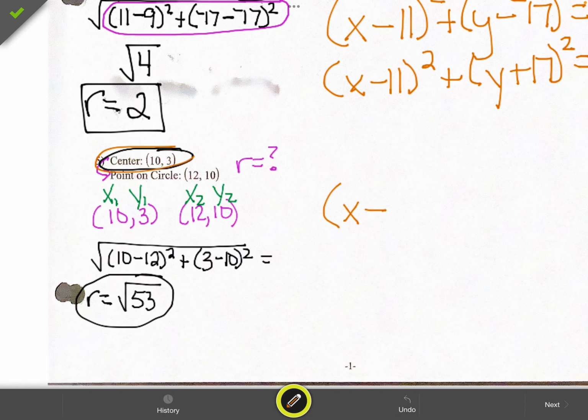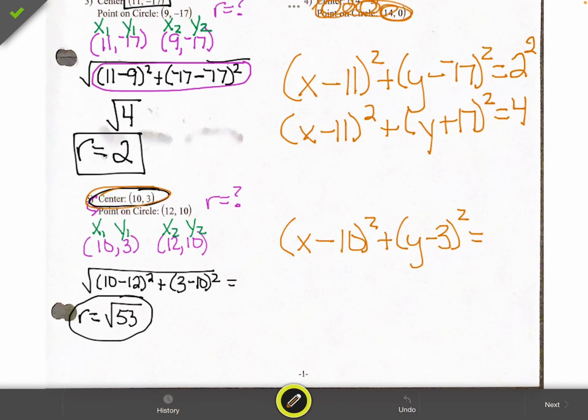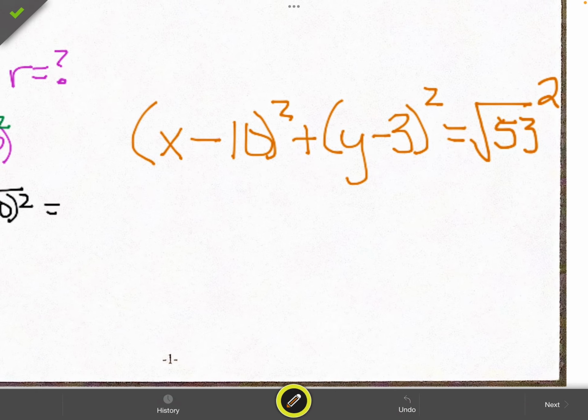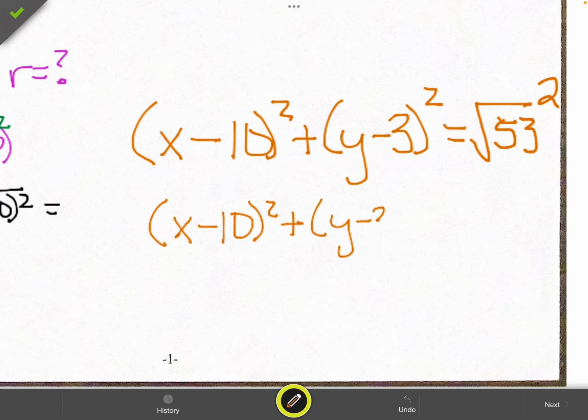Come back over here and look at your center, 10 squared, plus y minus, what's my k? 3 squared, equals my radius, which came out to be a decimal, so I'm leaving it as a square root, squared. So I scan, no rewrites, we're good to go. So my final answer, x minus 10 squared plus y minus 3 squared.